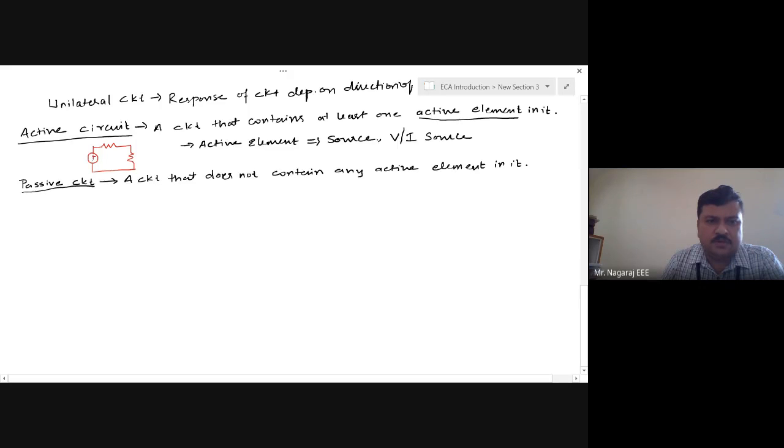Now let this be a voltage source. Let this be R1 and R2. Now we can imagine active circuits very well, because if I want a current to flow in this circuit, I need some EMF source there. Now here passive circuit will be of this sort.